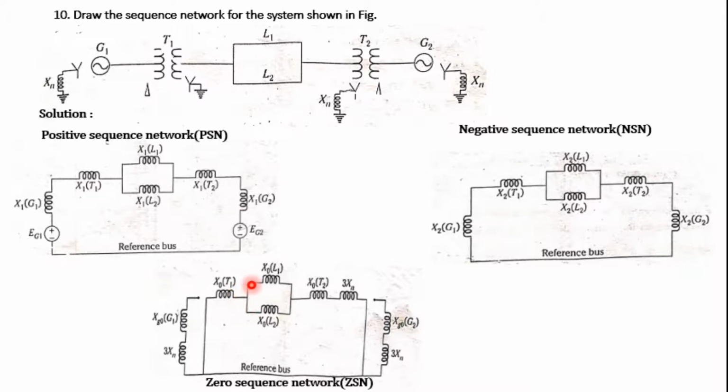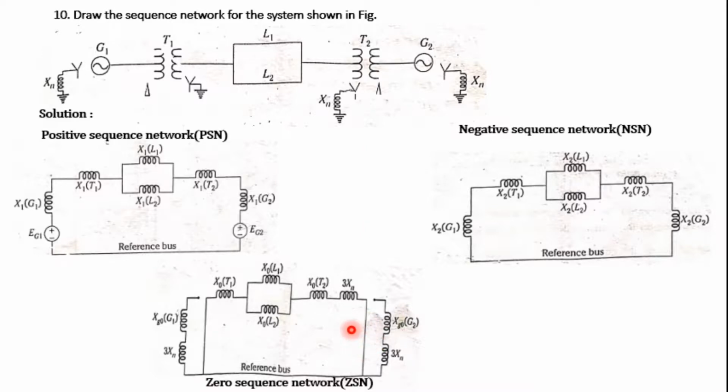Then for the transformer T2 the primary is star grounded through a neutral reactance. So this series switch gets closed, and we are considering that it is a 3Xn value. The secondary is delta, so we need to close this shunt switch.